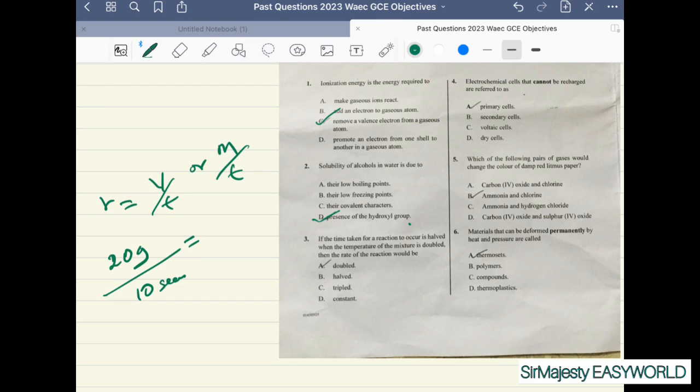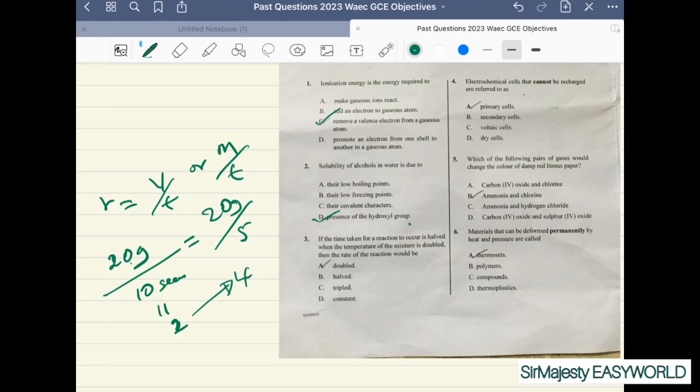What the question says is, what if the time taken for the reaction to occur is halved? So let's halve 10, which is 5, and keep the number constant, which is 20 grams all over 5. You find out that 20 over 10 is 2, while 20 over 5 is 4.